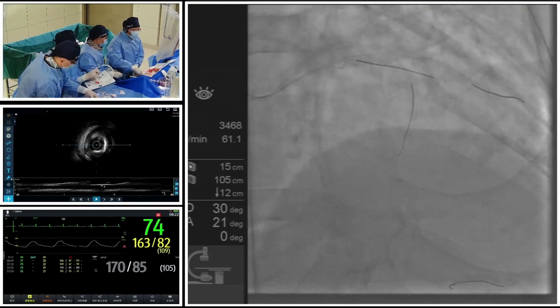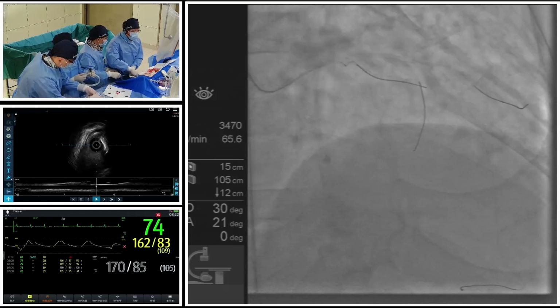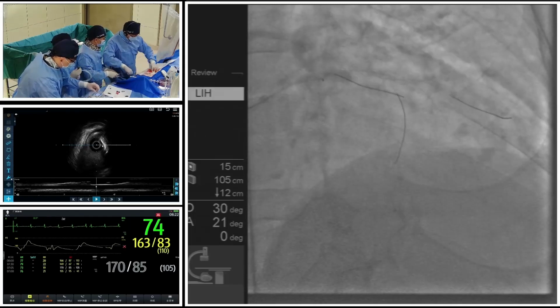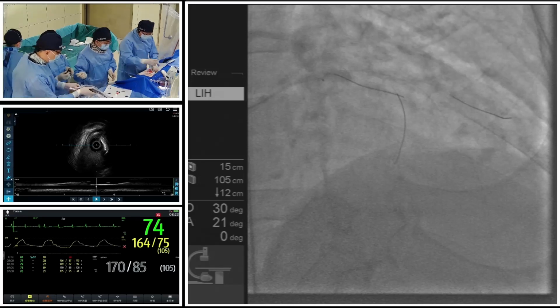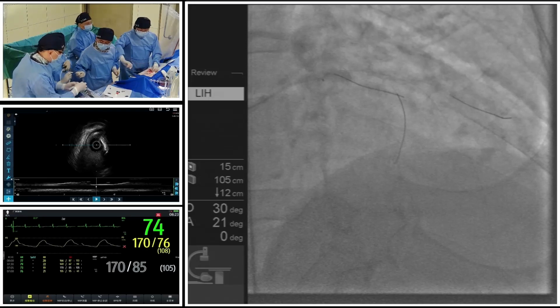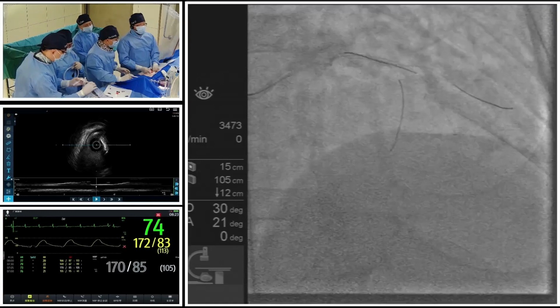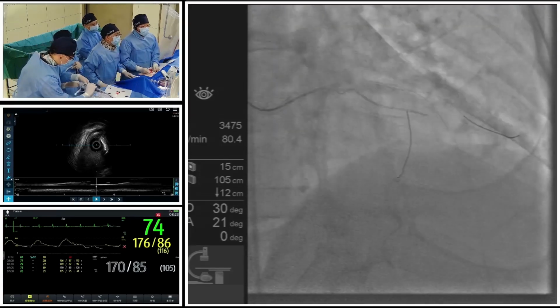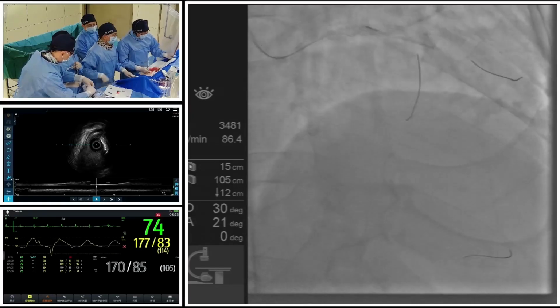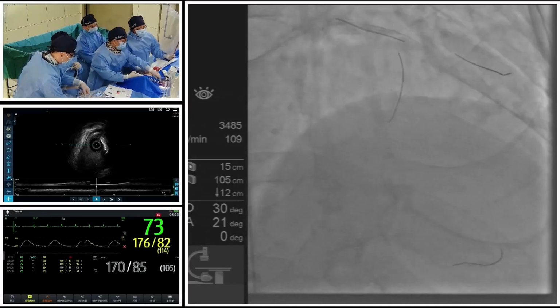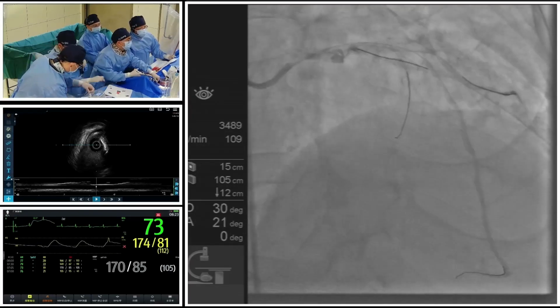So this is really helpful in the later expansion of the stent, and also reduces the risk of the carina shift. And also, when we are using the intravascular lithotripsy, we recommend to use 1-to-1 ratio according to the vessel size to gain the best effect of the lithotripsy.